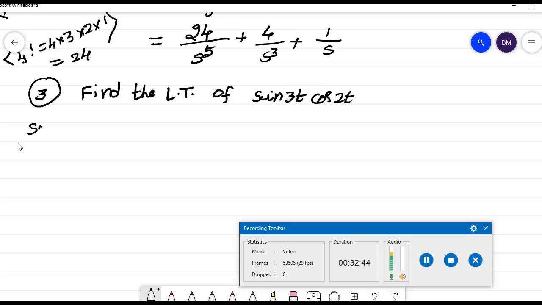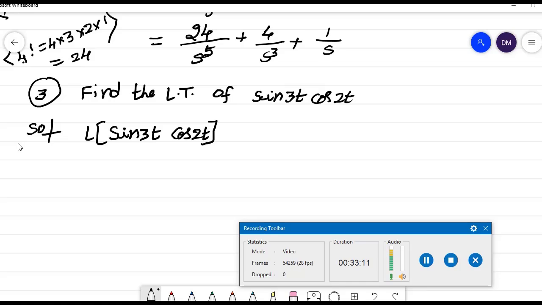We need L of sin 3t into cos 2t. Here sin 3t is one function and cos 2t is the second function.